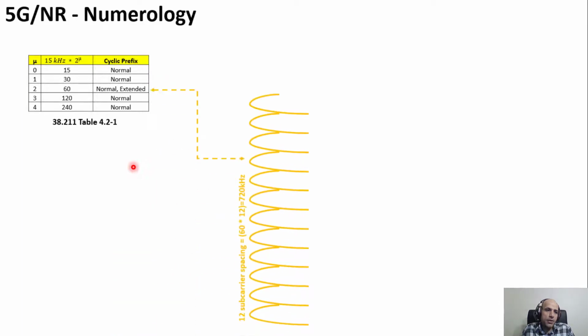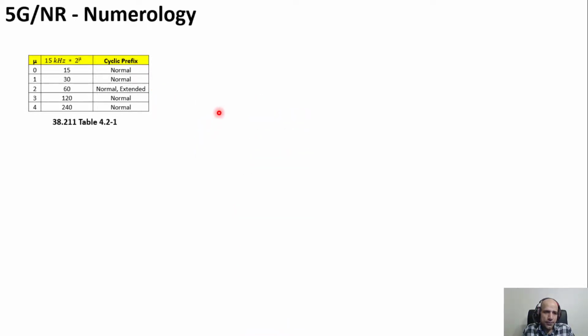We have the same when mu is equal to 2: you will have 60 kilohertz subcarrier spacing. Only in mu equal to 2 will you have both types of cyclic prefix, normal and extended. In this case your PRB will be 720 kilohertz.